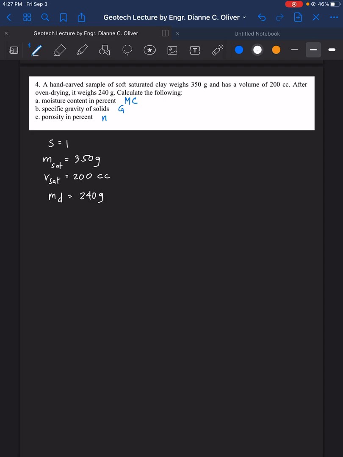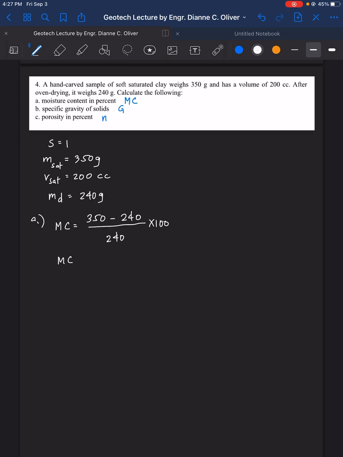So calculate the moisture content. A while ago, we know that moisture content is simply water over dry. Subtract the wet sample to the dry sample and over the dry sample. Then it's asking in percent, so this is times 100.